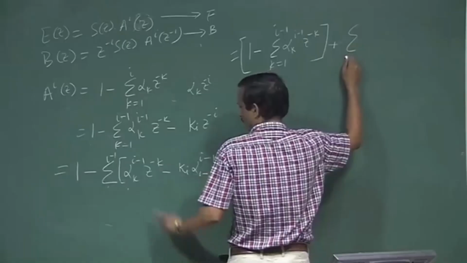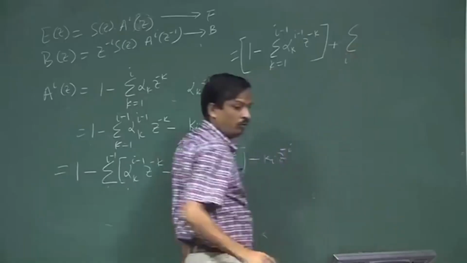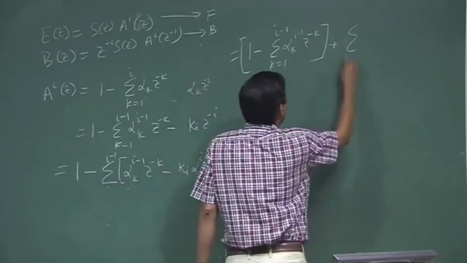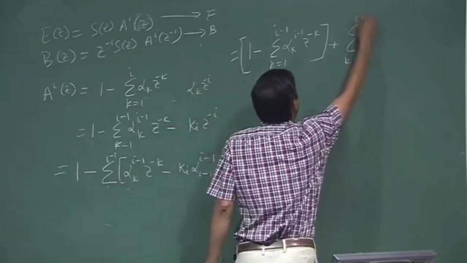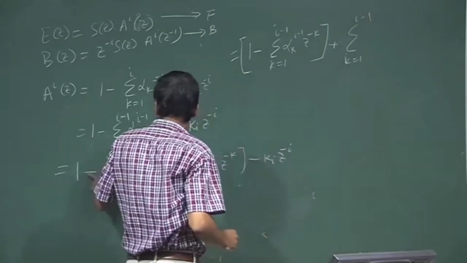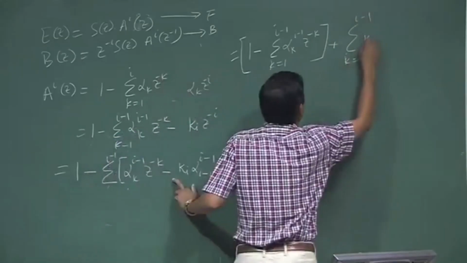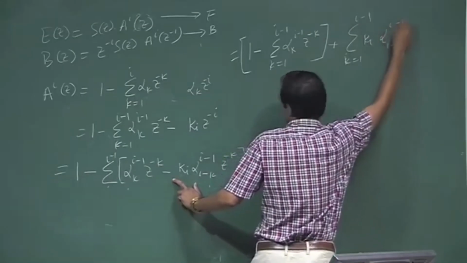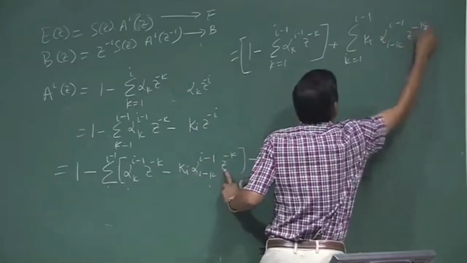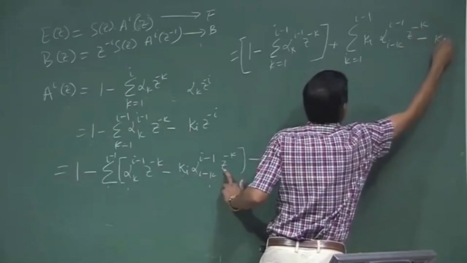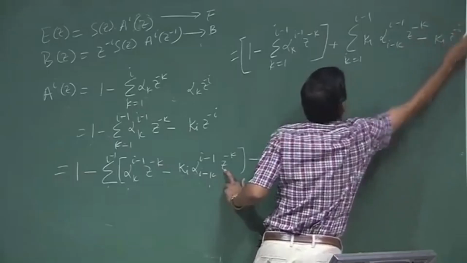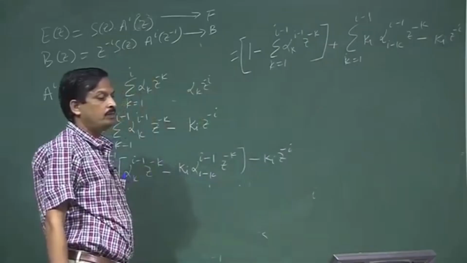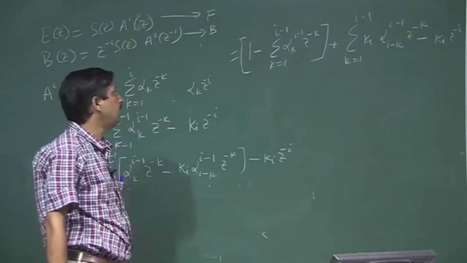So, the summation over k equal to 1 to i minus 1, this sum, minus minus plus k i alpha i minus k i minus 1 z to the power minus k, minus k i z to the power minus i.